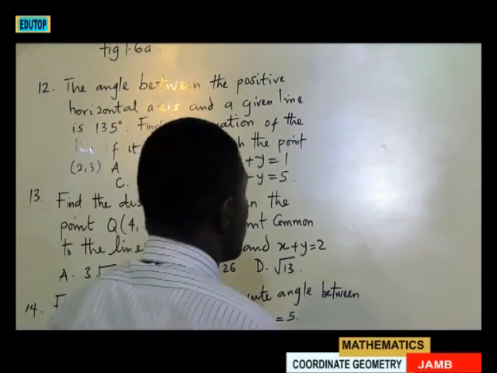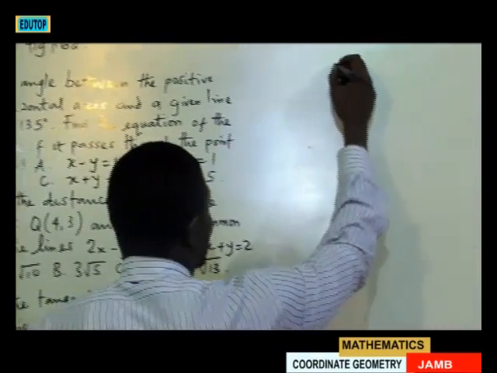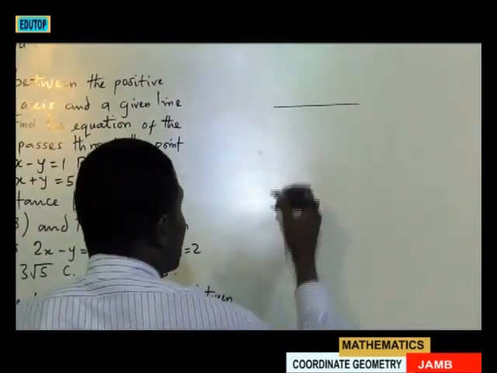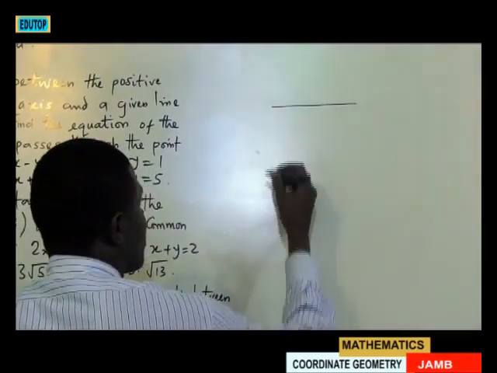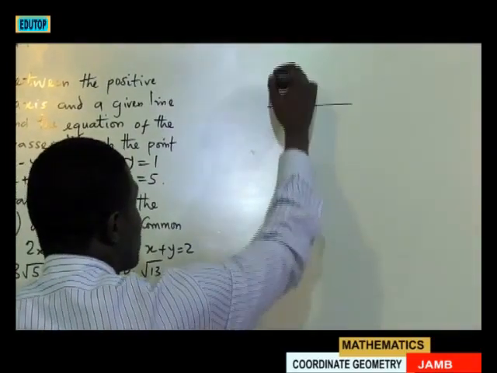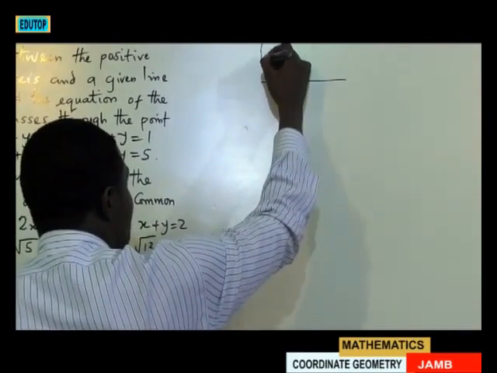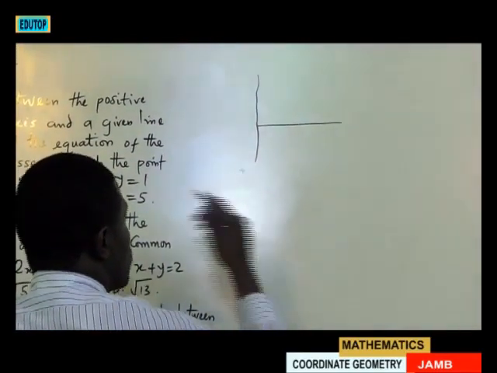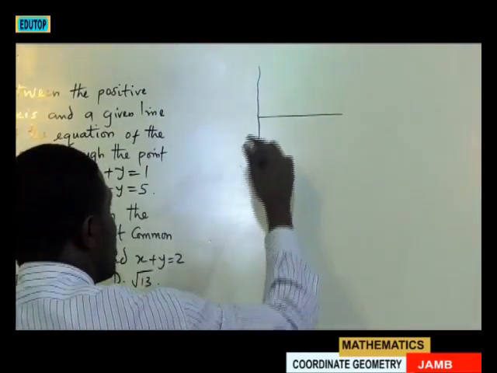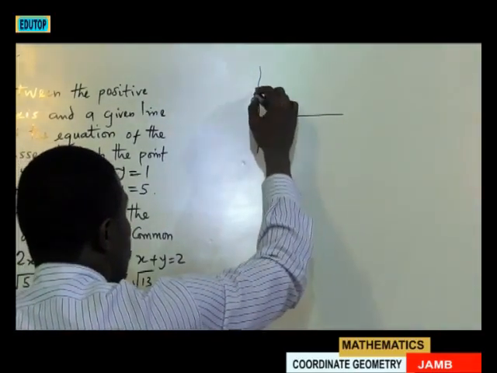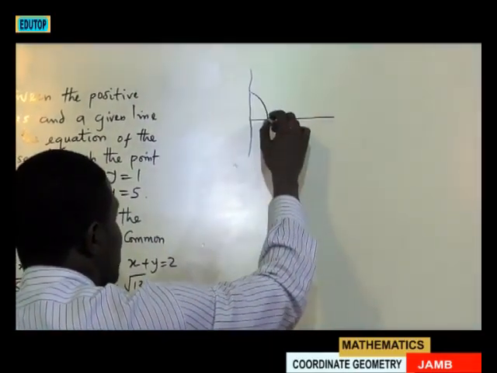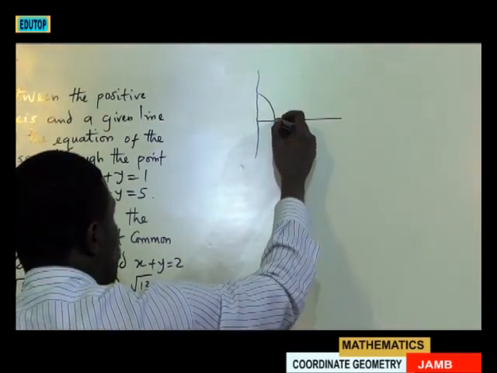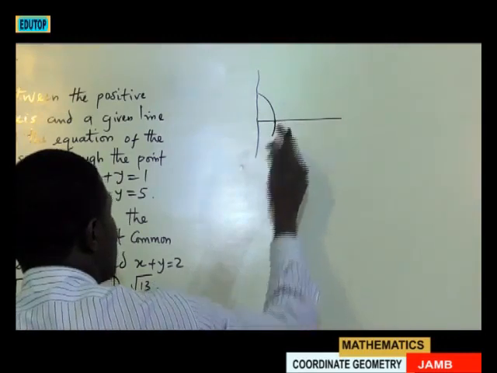So in this situation, we know from our residual knowledge that if you have a line like this, and you have a line perpendicular to it this way. So if it's going to move in that region, this is your 90, and we are talking about 135, so it has exceeded a bit.